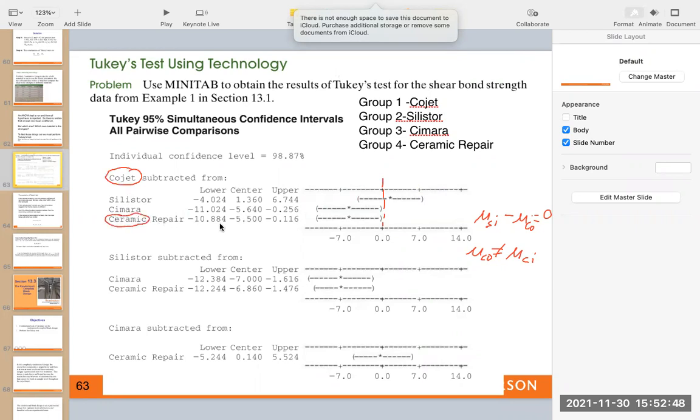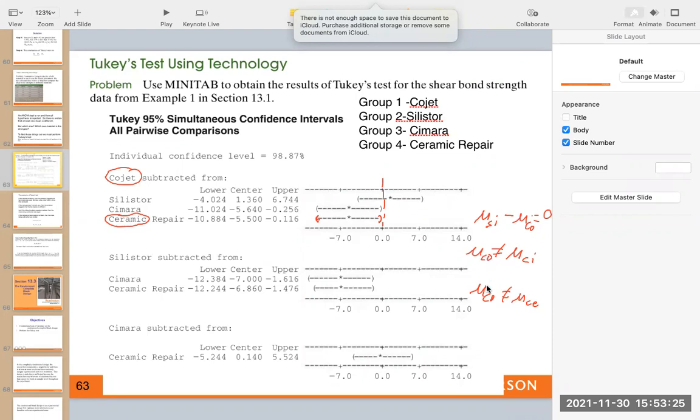And they said we're 95% confident that the mean is between -10 and -0.11. And when you look at that on the number line, this 0 does not fall between those two endpoints. So we're 95% confident that when we subtract them, the answer would not be 0. So that means that these means are not equal. So Coget does not equal the mean of the ceramic.